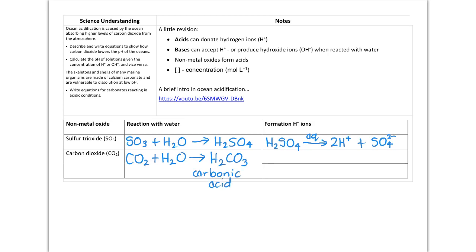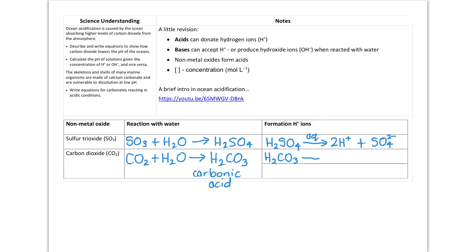Now, that carbonic acid can then react with water. Because it's actually a weaker acid, it's not a strong acid like sulfuric acid. So remember, strong acids donate all of their hydrogens. That's why sulfuric acid donates both. Weak acids don't always donate all of their hydrogen.